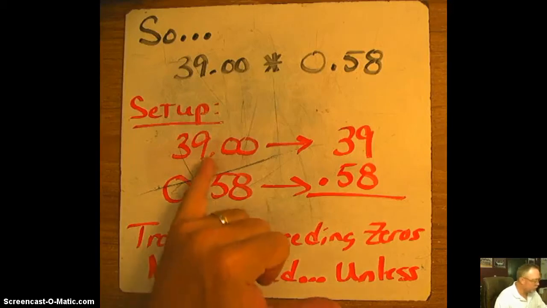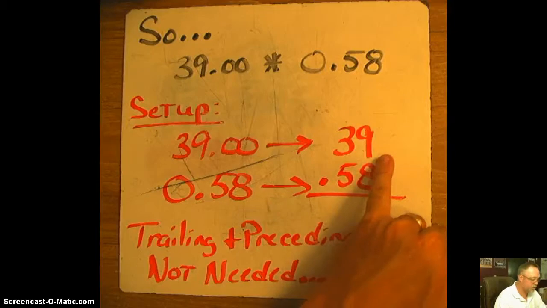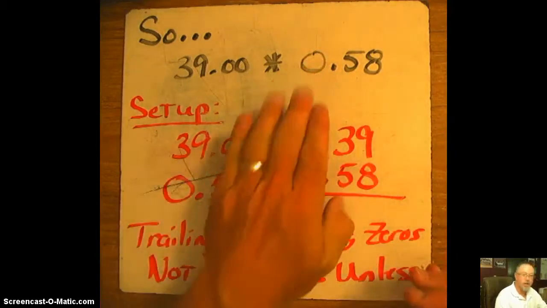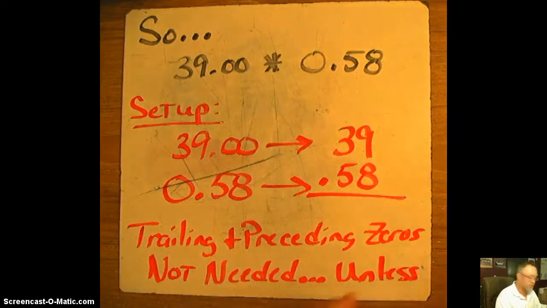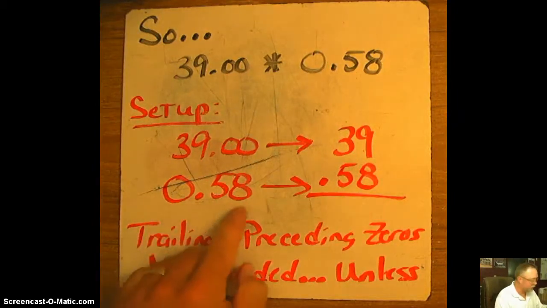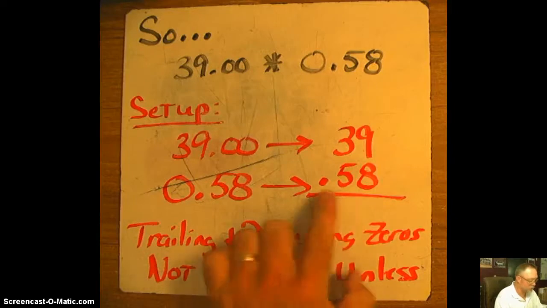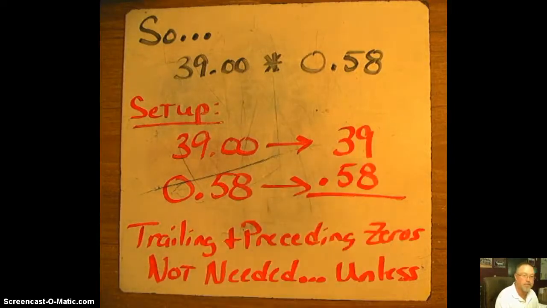What we need is to know that the decimal is still at the end of the 9. And again, anytime that you're given a number, if I use 39, the decimal's not there, it's always located at the back. So 0.058 or 0.58, we don't need this preceding 0, so we can just put this here. Again, we're going to line up our last digits, and then we're going to start our multiplication problem.